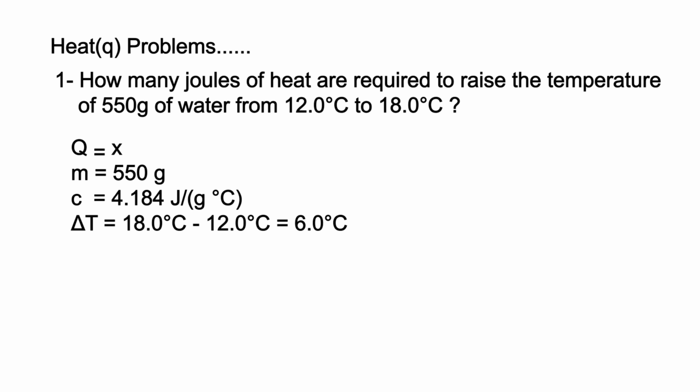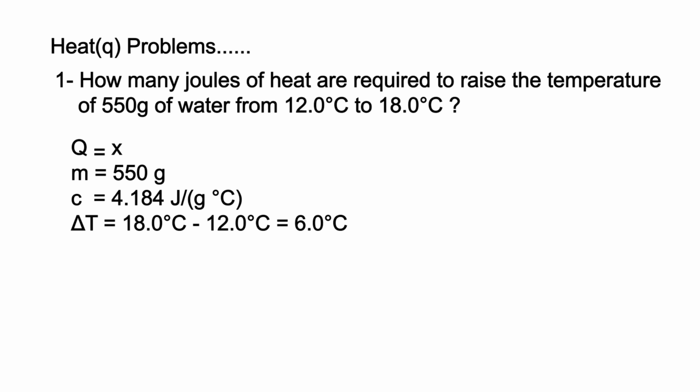And delta T, the change in temperature in this problem, is 6 Celsius. Why? Because the temperature of water goes from 12 Celsius to 18 Celsius, so we have an extra 6 Celsius added to the 12.